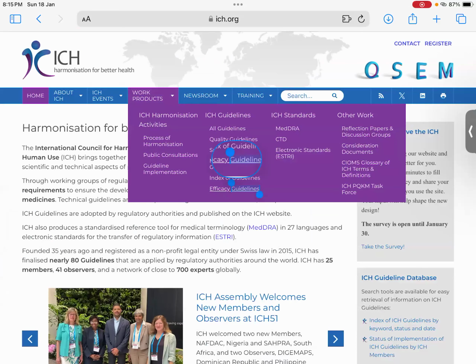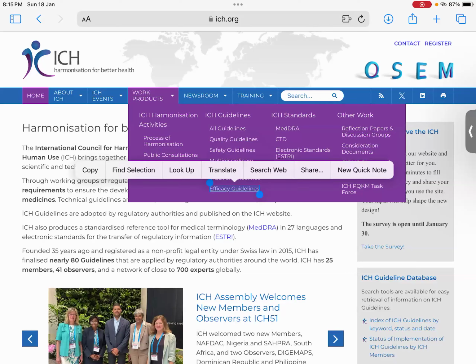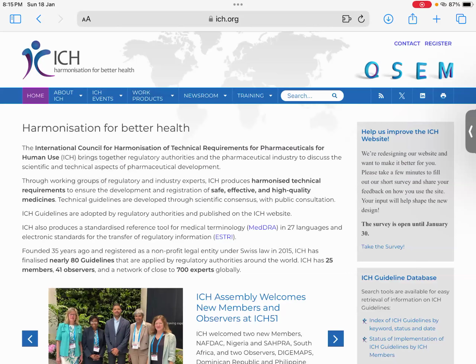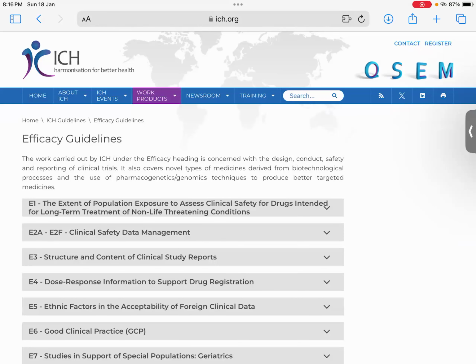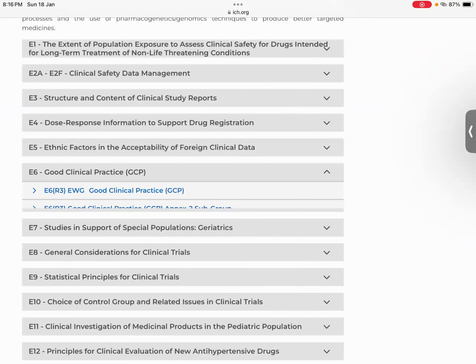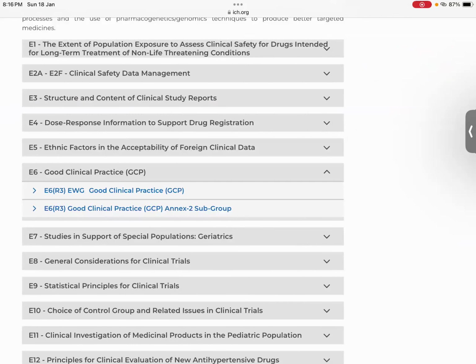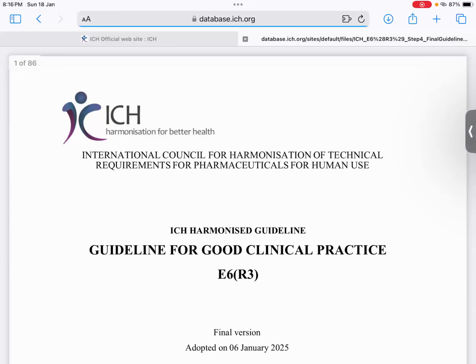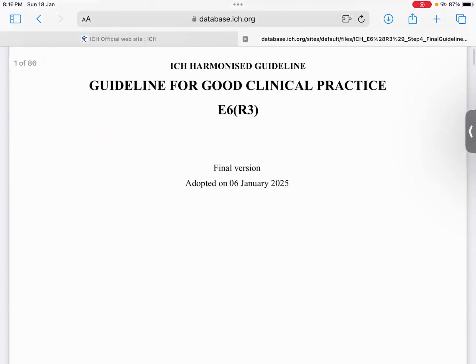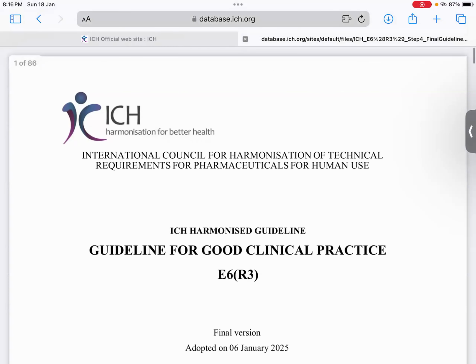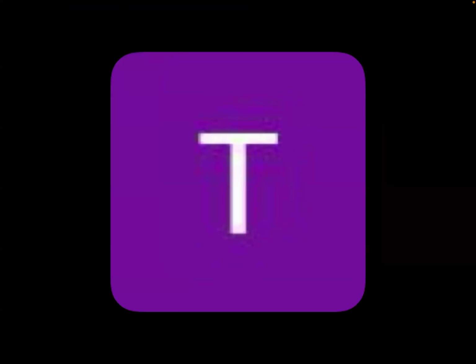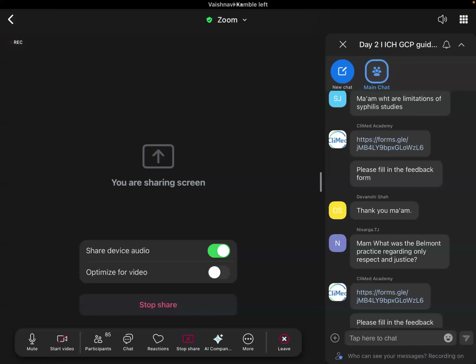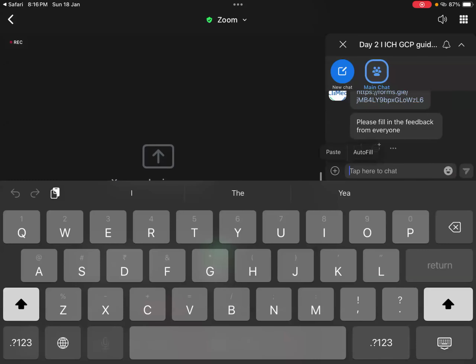That is one way. Another, the easiest way, is from the top you can see Q, S, E. Hit E. So now we are studying GCP right here. You can download this. I can share the link also. See, adopted on 6th Jan 2025. I can share this link with you.